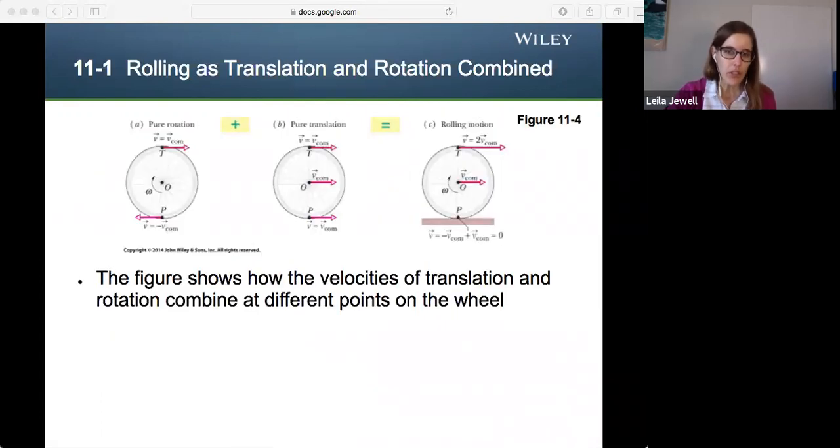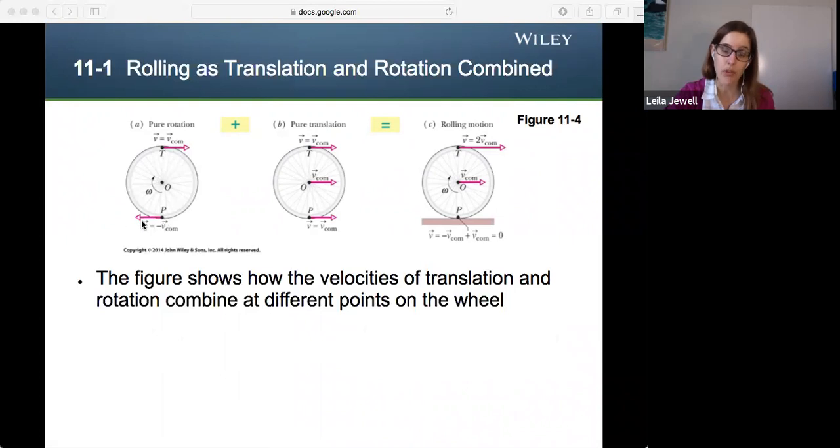Okay, so if we focus in on that motion of a bicycle wheel, one thing we would see is that there is pure rotation. It's like it's spinning in place. And so if we're just considering rotation, at the middle it's not moving because everything's moving around that point. At the top, it's moving forward with the center of mass velocity.